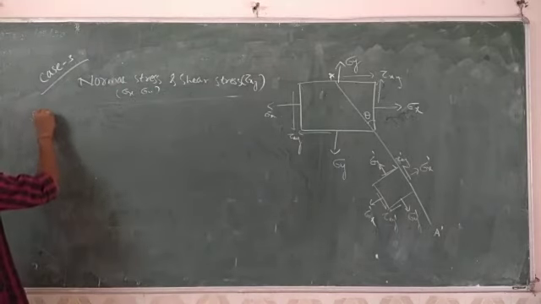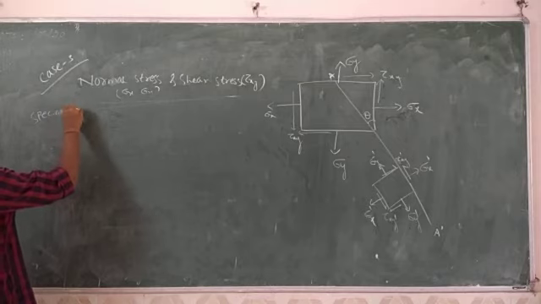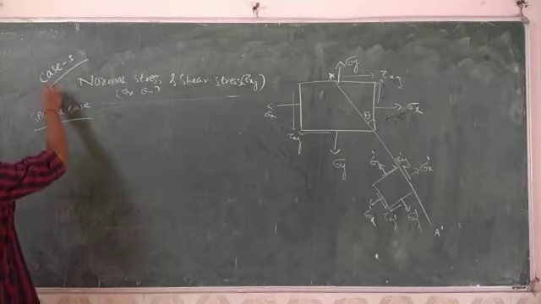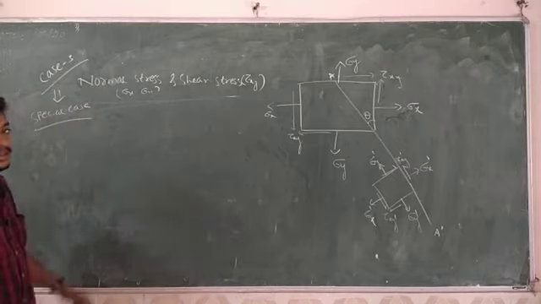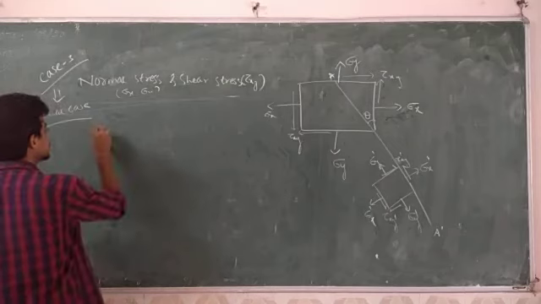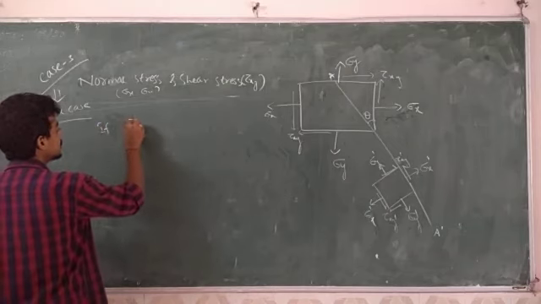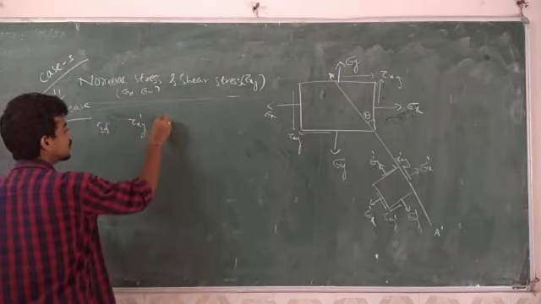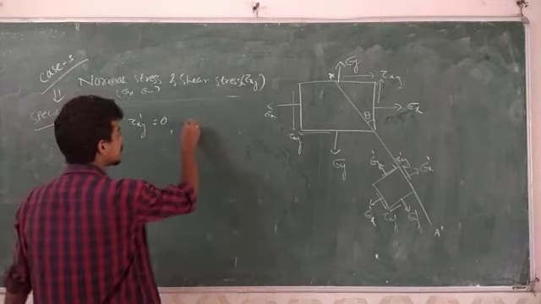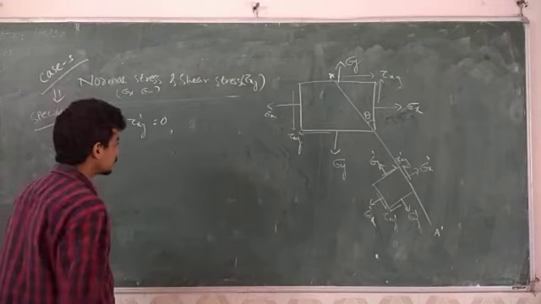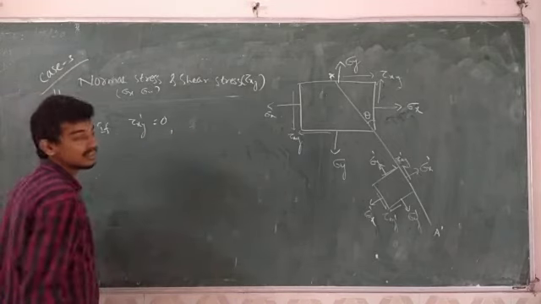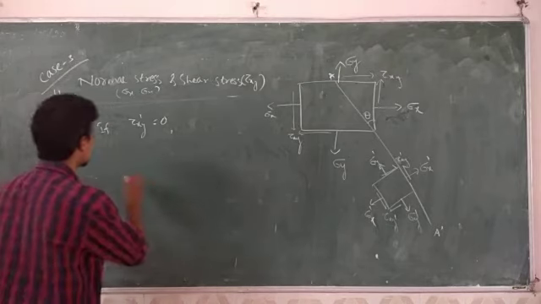I can write special case under this. If the shear stress becomes 0, meaning tau xy dash is 0, then we will get our angle of principal plane, that is theta p.